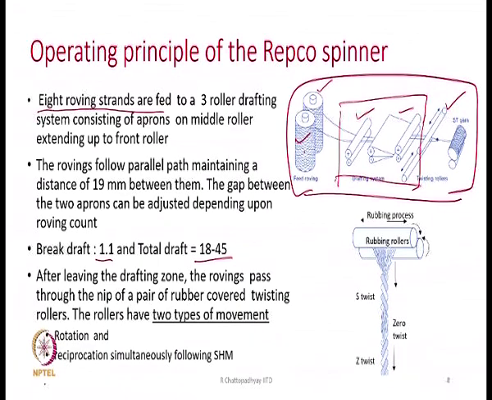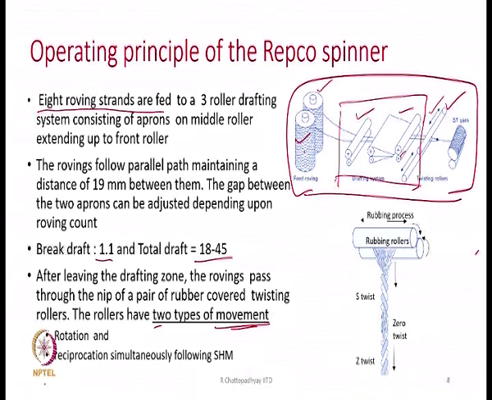The twisting rollers have 2 types of movement. One is they are rotating on their own axis, the way other rollers also rotate. At the same time, there is a reciprocating motion shown by these arrows.